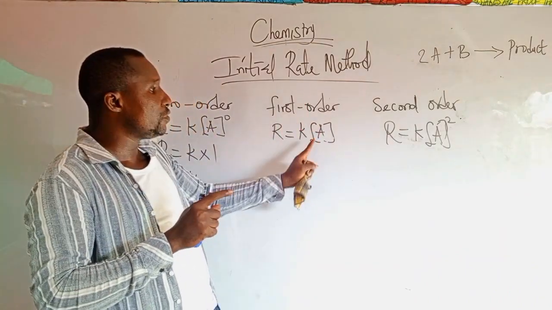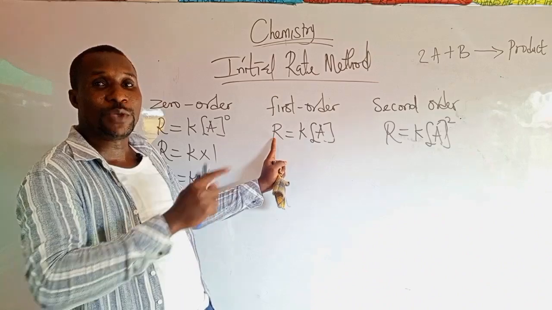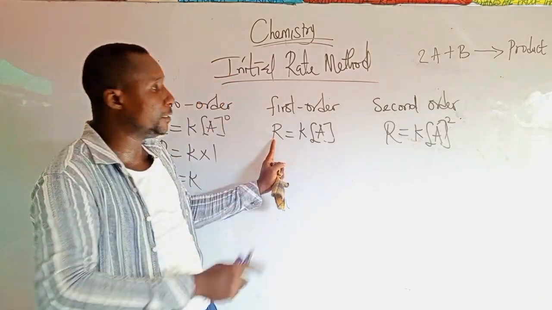For first order, if you double the concentration, the rate of reaction will increase 2 times. Take note of that statement.